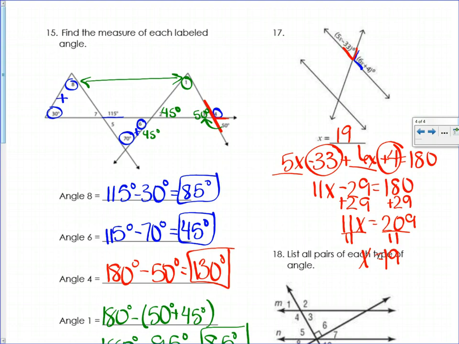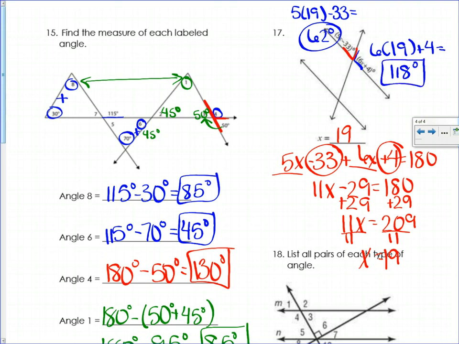And then we're going to plug that back in to find our two angles. So 5 times 19 minus 33 is 62 degrees. So that's one of our angles. And then 6 times 19 plus 4 is 118 degrees, which is our other angle. And if we were to add those together, we would get 180 degrees.